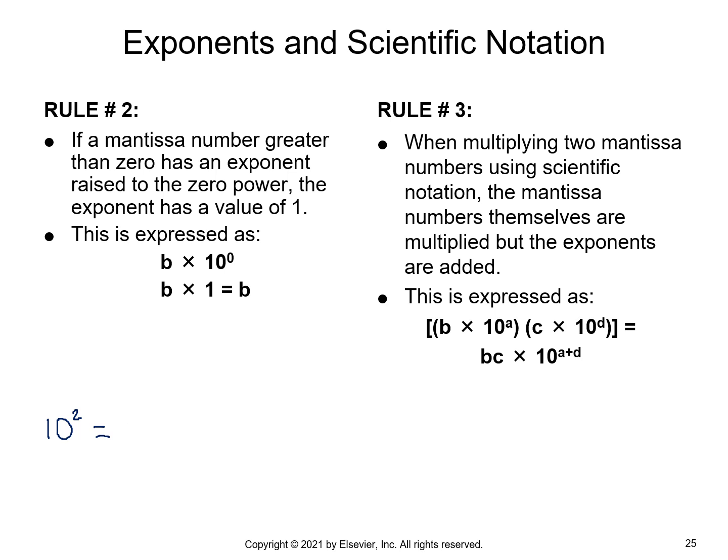So this would be 10 times 10, and we know if we did 10 times 10, that would be 100. If we were to do 10 by itself one time, then that's just 10 times nothing. And if you don't have anything to multiply it by, then that just leaves that value to equal 10.